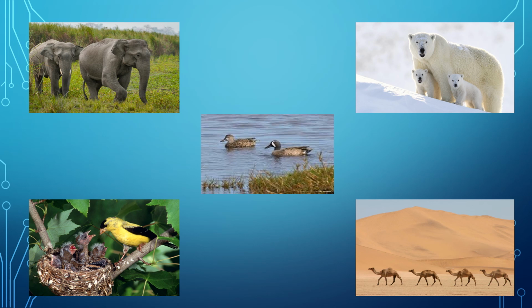Birds are living on the plants and the camels are living in extremely hot conditions. So we can see that different animals live in different environmental conditions and they have different homes. So we will know what their home is called.